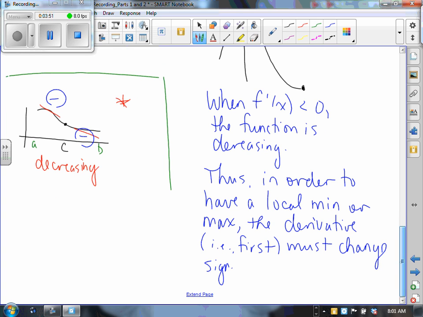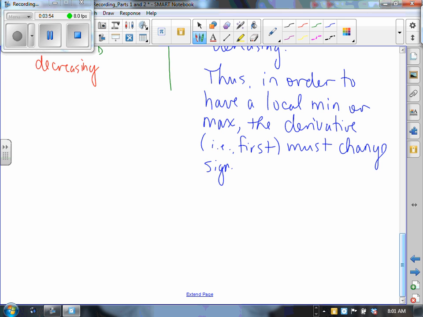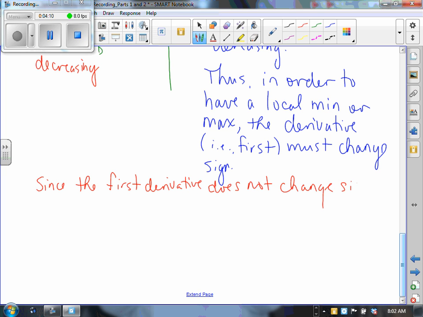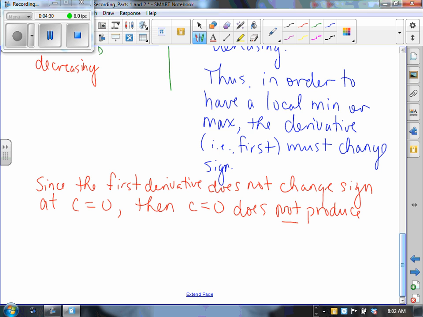So what we can then say is that since the first derivative f prime at x does not change sign at a critical value c of 0, then c equals 0, or for that matter x equals 0, does not produce an extreme value, a local max or min.